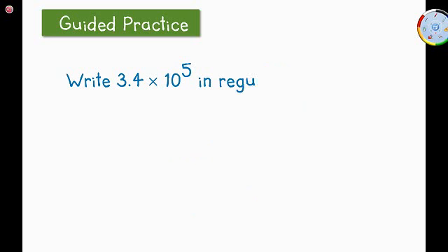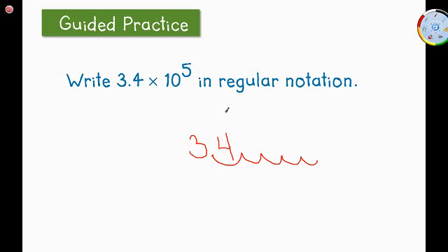Let's look at another one. Write 3.4 times 10 to the 5th in regular notation. So let's start with our number 3.4. Our decimal is moving 5 positions to the right because it's a positive exponent. 1, 2, 3, 4, 5.